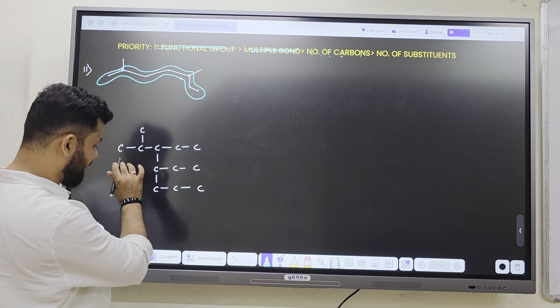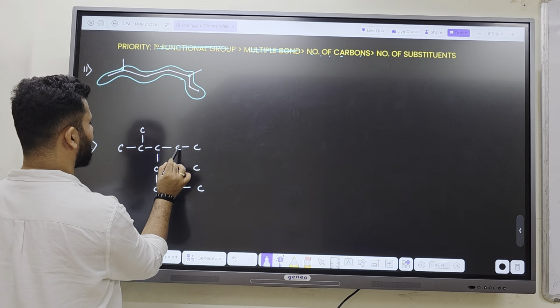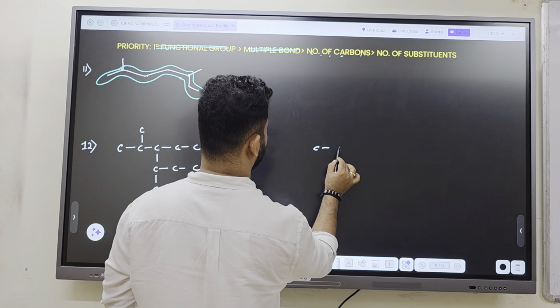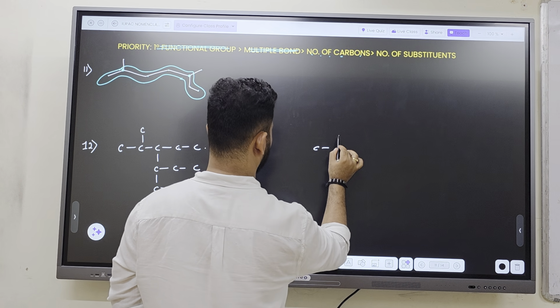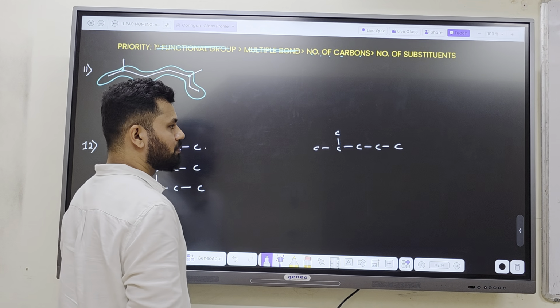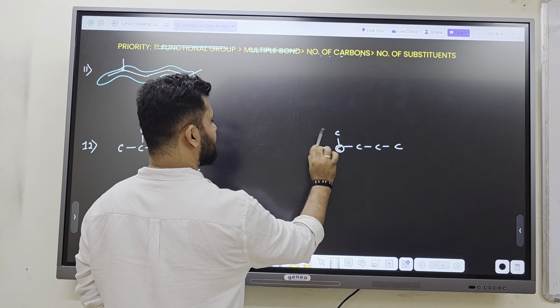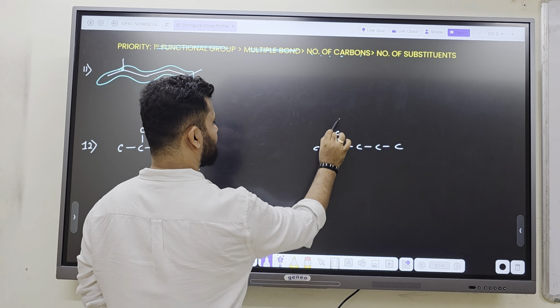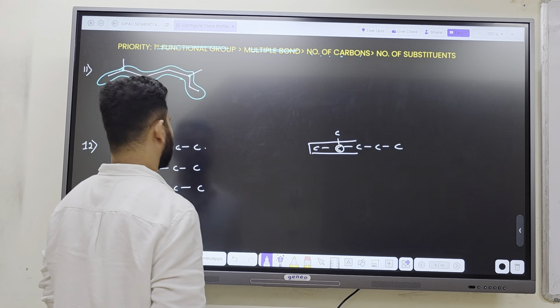Let me elaborate again with example 12. Let me take step by step. 1, 2, 3, 4, 5. 1, 2, 3, 4, 5. At this point of intersection, it doesn't make any sense for me to check whether I should go up or down. You can come either way, absolutely no issue.